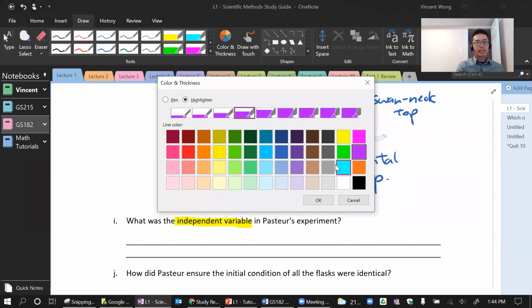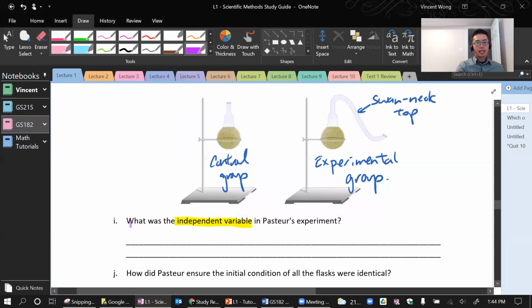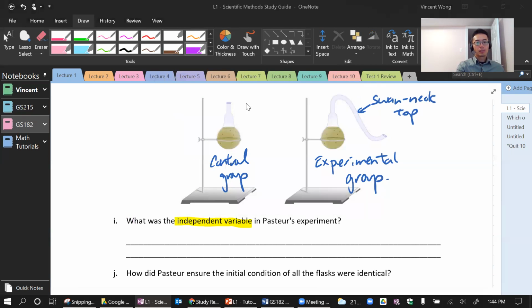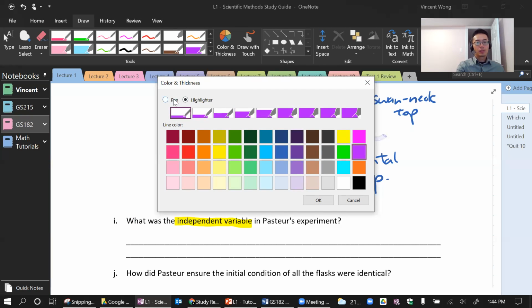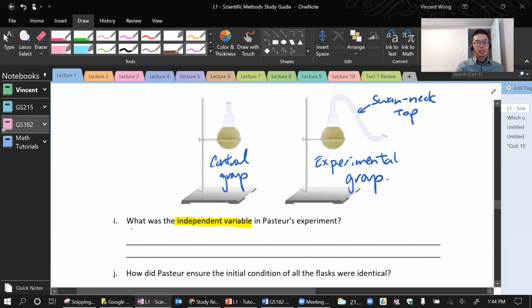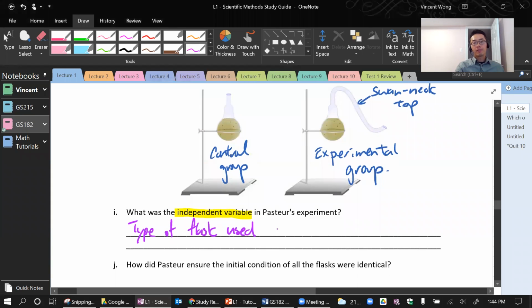And in this case, it is the type of flask used, either an open top or a swan neck flask. Okay, and the dependent variable is to assess whether there will be microorganisms in the broth afterwards.